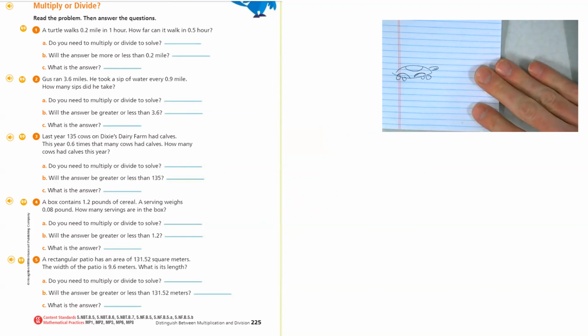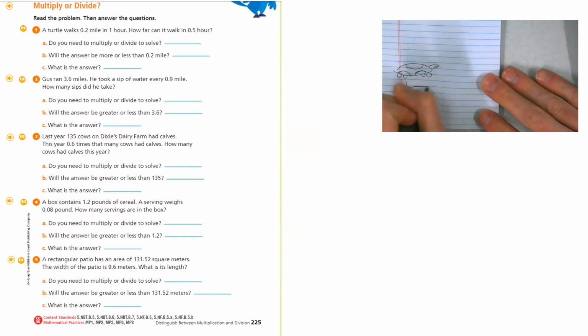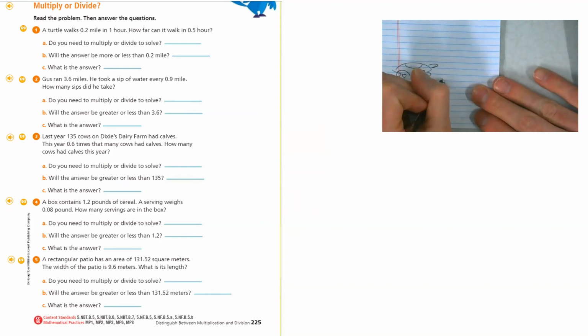And then B, it says, will the answer be more or less than 2/10 of a mile? Well, here's our turtle friend. He's a very happy little turtle friend. And his shell's beautiful. Looks like a ladybug, maybe. Anyways, when he walks, he can go 2/10 of a mile. Wow.